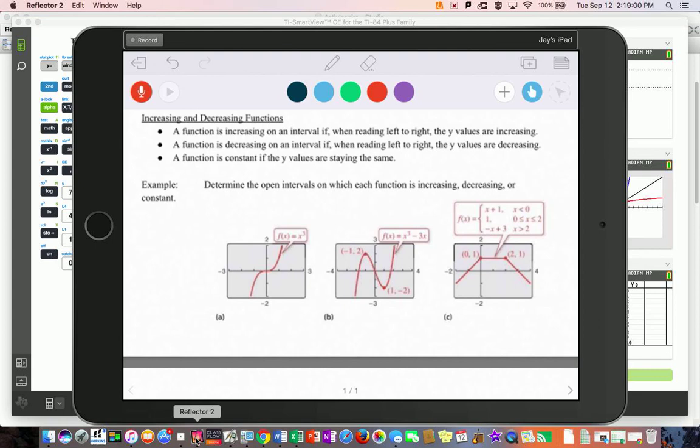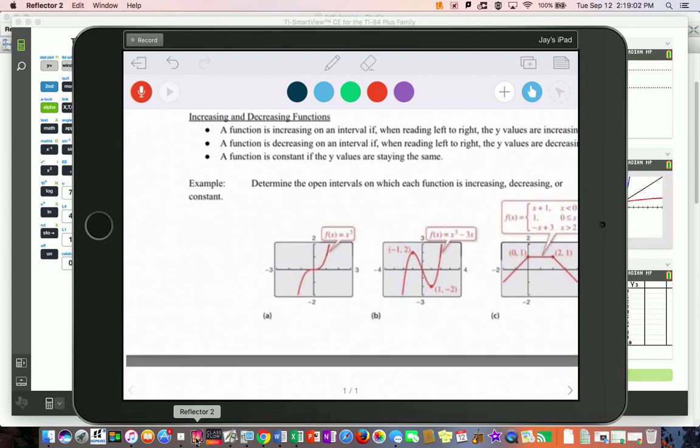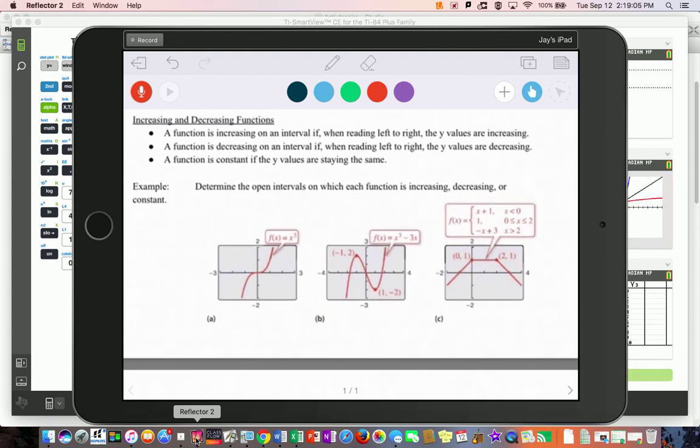So we're going to go left to right on the x-axis. So negative infinity all the way over here to infinity. And what you'll notice is this thing is always going up. So we would say it's increasing from negative infinity to infinity.